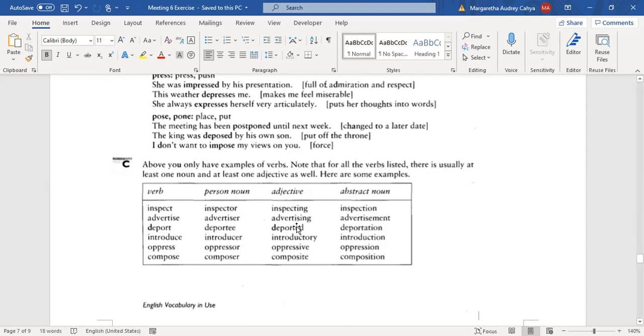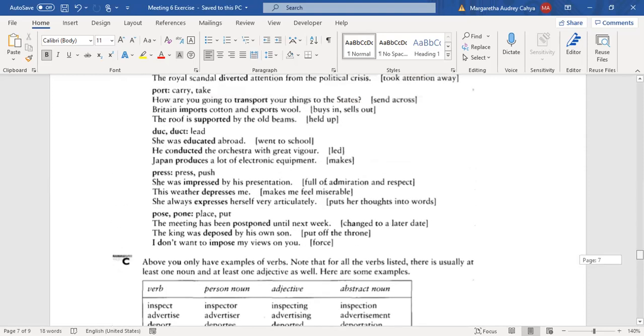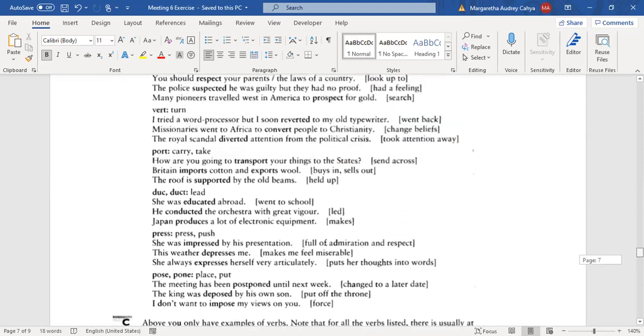And you will be able to guess some words, like port, transport, export, support, and vert, revert, divert, convert, because they all usually have the same meaning, like turn or carry. But there are many words that maybe are not really the same as the meaning of the root words.